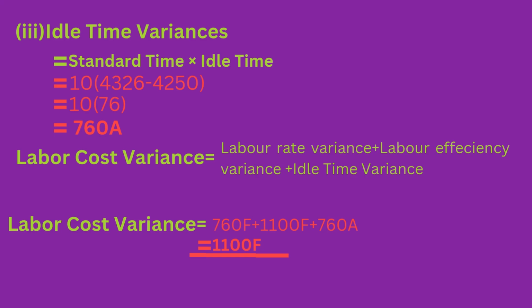If you add the favorable and the adverse, the adverse is negative, so it's minus, so it will give us 1,100 favorable.